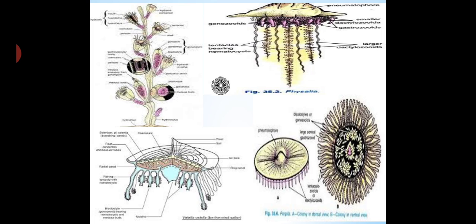And on the bottom side of this Obelia, you will come across an example called Velella. And on the right hand side of this, you will observe another good example called Porpita, wherein you observe both the views, that is oral and aboral view.